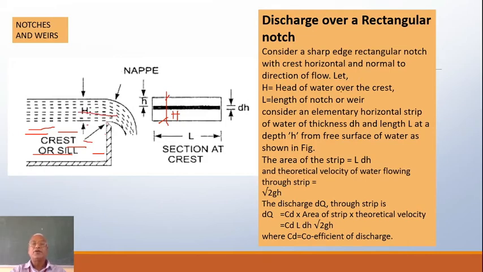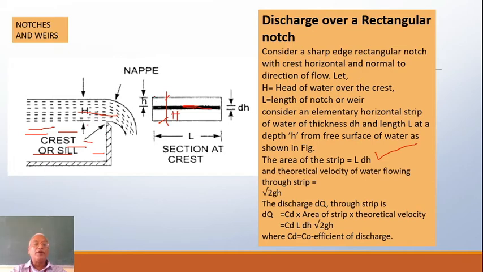H is head of water over the crest, L is the length of the notch or weir. Consider an elementary horizontal strip, this dark strip that is shown here, of length L at a depth h from the surface of the water as shown in figure. The cross-sectional area of the strip becomes L into dh. L is the length, dh is the width, so cross-sectional area would be L dh.